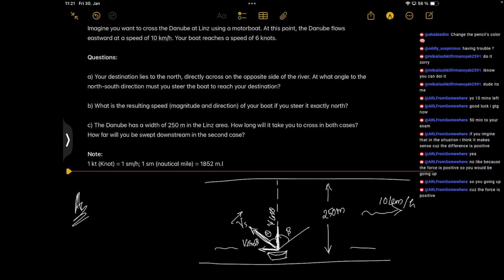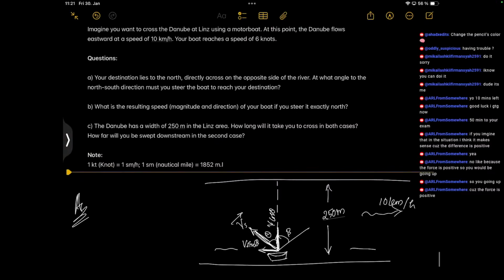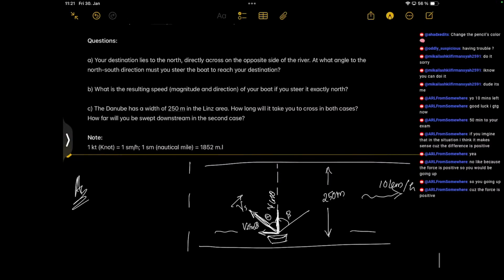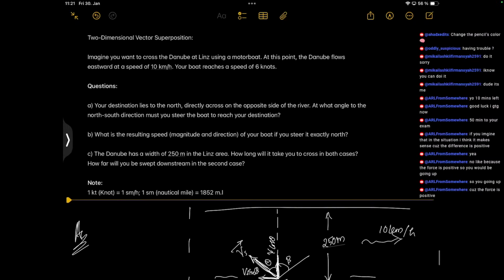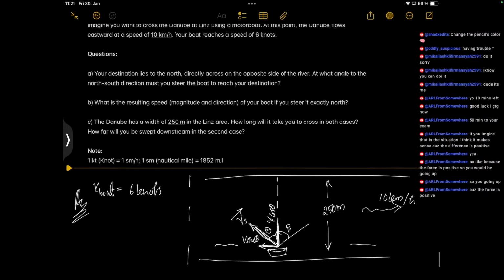Yeah. I should convert first, right? So 6 knots. 6 nautical miles per hour, 6 times 1852 per hour.